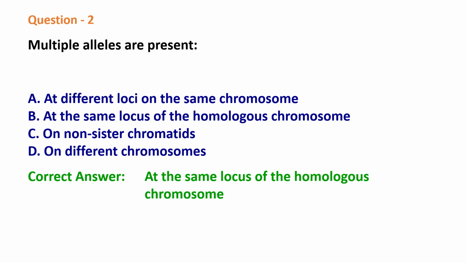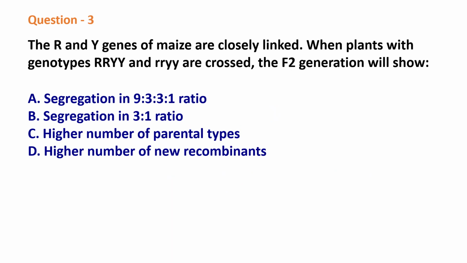We know that alleles are different forms of the same gene, and for every gene we have a location on the chromosome. Homologous chromosomes are chromosomes having similar structures. So the location of different forms of the gene will be on the same site on homologous chromosomes.